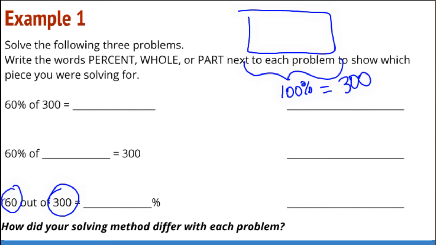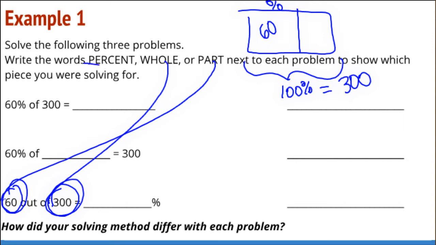So I also know the part here. I've got 60 out of 300. But what I don't know is what percent goes with this 60. So I can see the whole is 300. I can see the part is 60, but what I can't see is the percent. So I'm searching for a percent here.